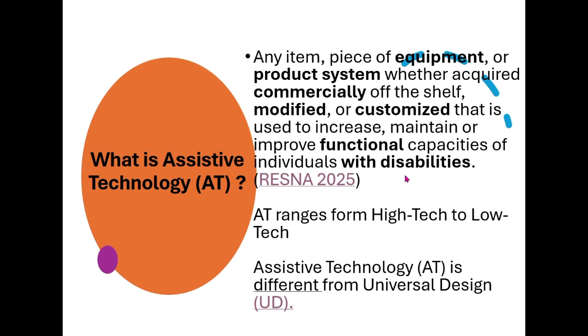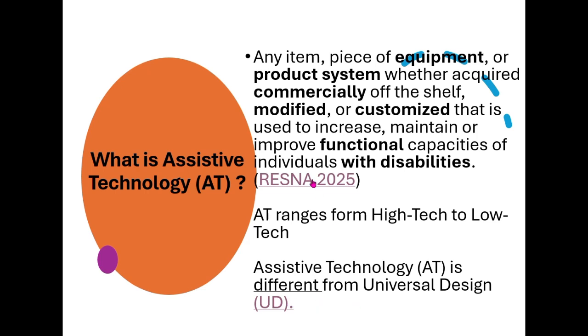So assistive technology is geared toward people with disabilities, unlike universal design, which can be universal for anybody, whether they use technology or not, whether they have a disability or not. They can use and benefit from the universal design principles.